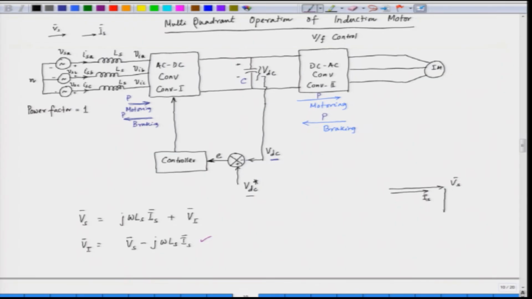So, this is minus j omega Ls Is, and if we add these two, we get Vi. This is the power flow from the source to the load. This angle is called the power angle or the torque angle. Now, this is for the motoring condition.